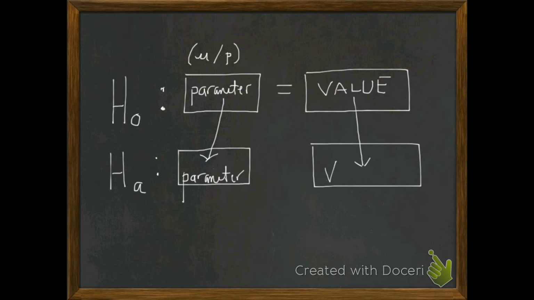So the parameter and the value. Now, what goes in next is the motivation for our test. And in this case, we're going to set up our alternative hypothesis with one of the following symbols.